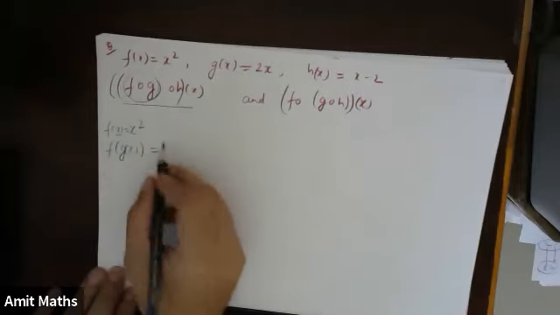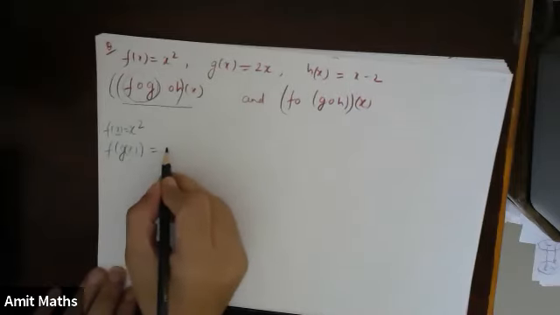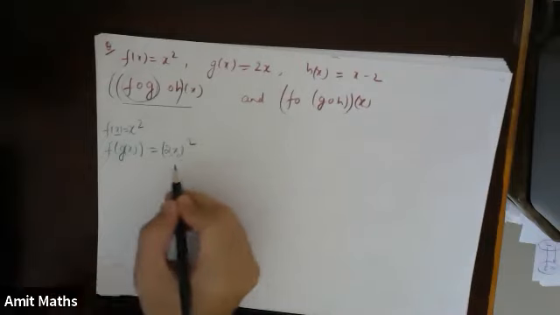Instead of x, if I substitute 2x, this becomes 2x whole square. So this becomes f o g.